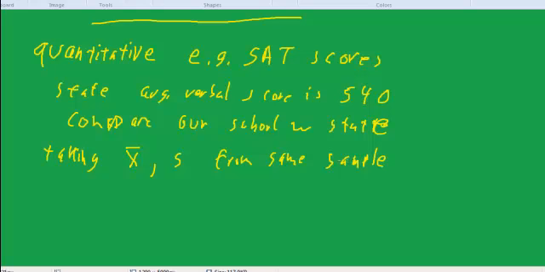So what that does is some strange things, because we're passing through the data twice. First, we pass through to get the mean, x bar, and then we take the sample standard deviation around x bar.